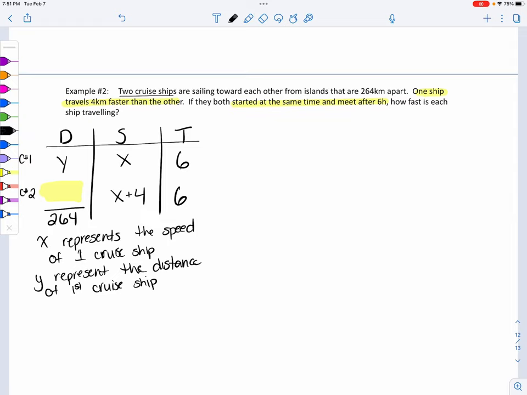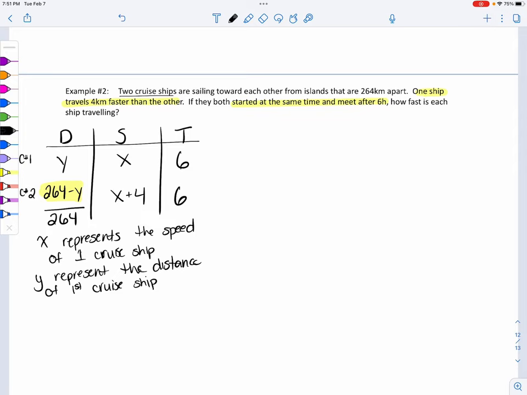If the first cruise ship went 100 kilometers, how far did the second one go? What you're doing when I answer those questions is you're taking 264 and minusing the distance of the first cruise ship.